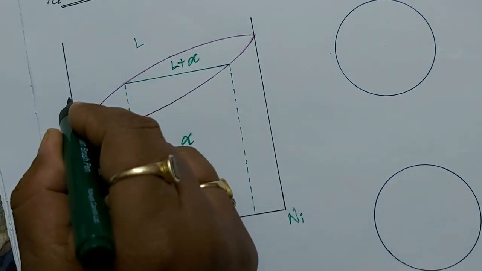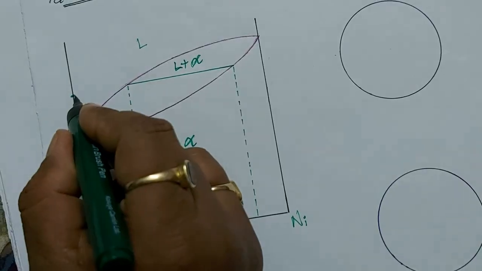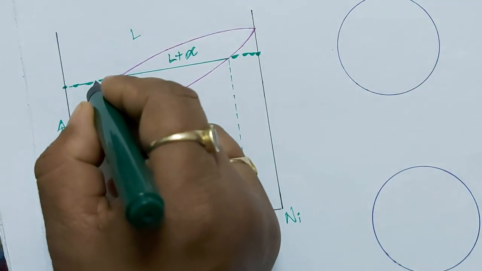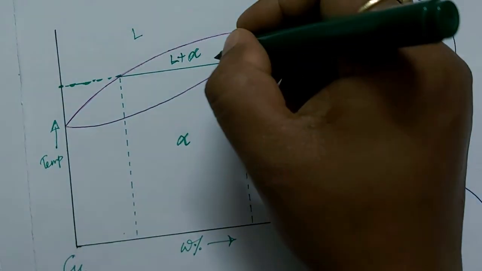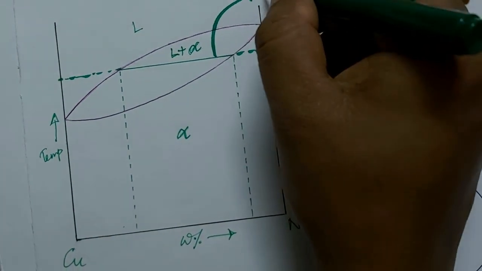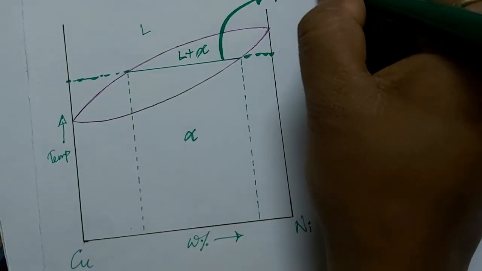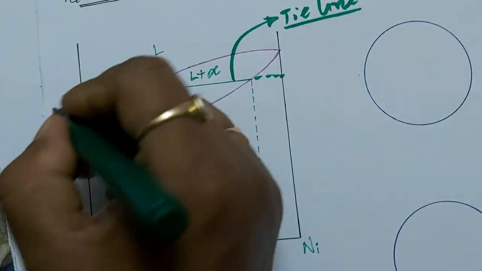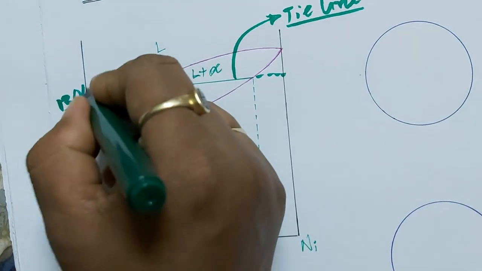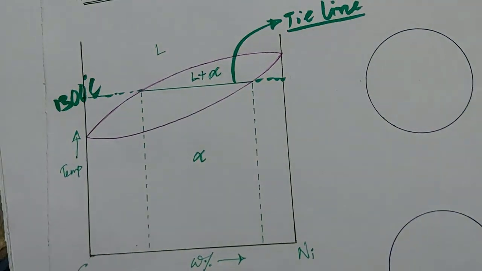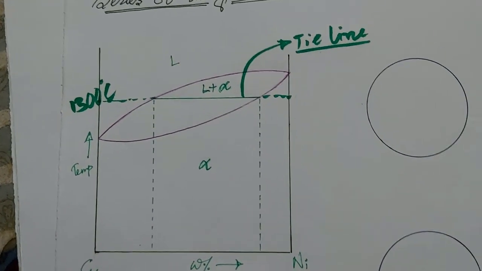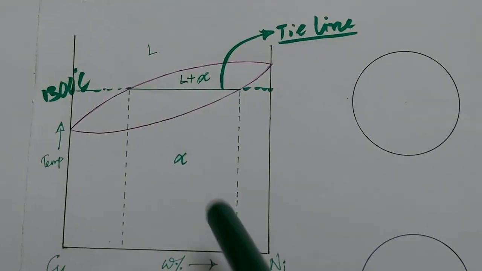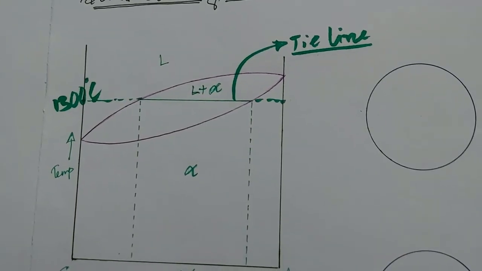Let us say this point is 1300 degree C. So this is our tie line, and the temperature is 1300 degree centigrade. Now we will see the microstructure for different compositions.